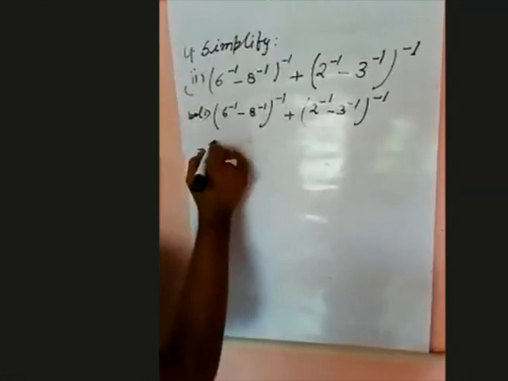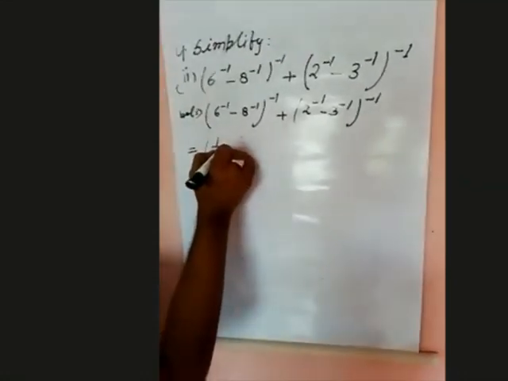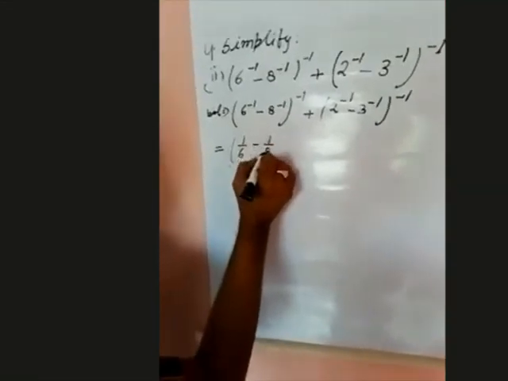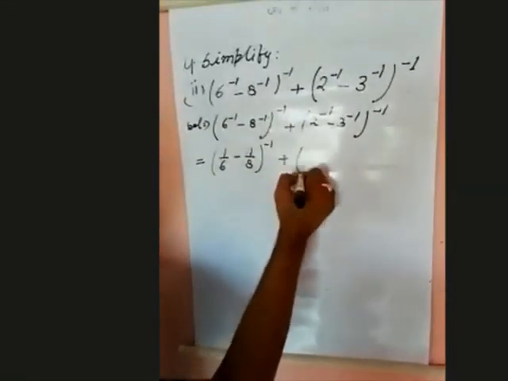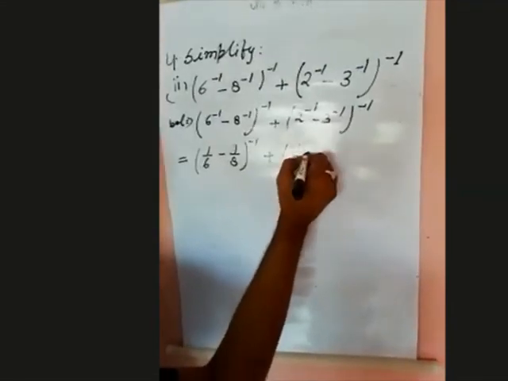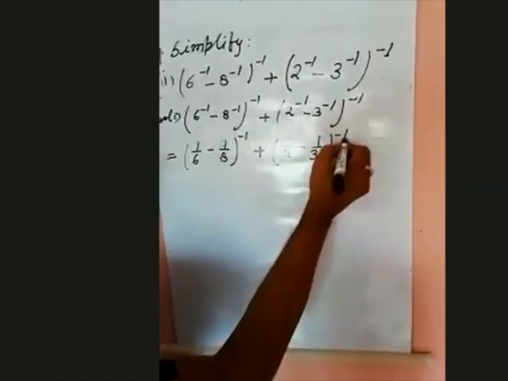So we can write it as (1/6 - 1/8)^-1 + (1/2 - 1/3)^-1.